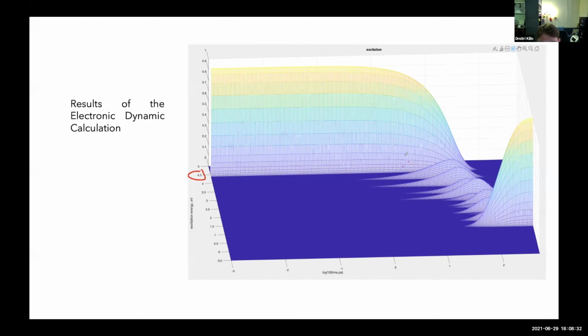So there is a transition from this excitation to this, and this transition happens by releasing some energy, delta E. This energy can be released either into heat or into infrared emission.